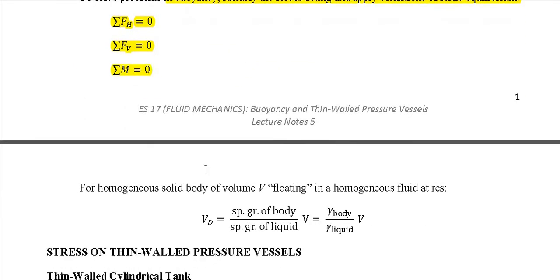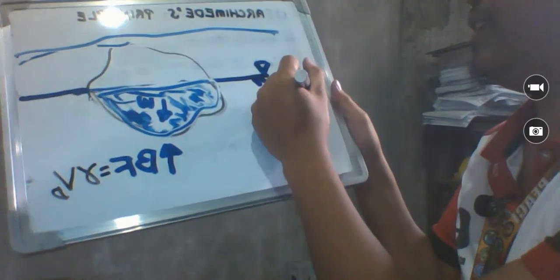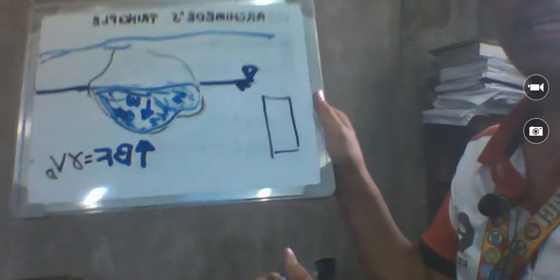So, for a homogeneous solid body floating in a homogeneous fluid at rest. Ibig sabihin dito, meaning, yung certain body na yun is iba-iba yung composition. For example, consider this figure. Consider this wood.